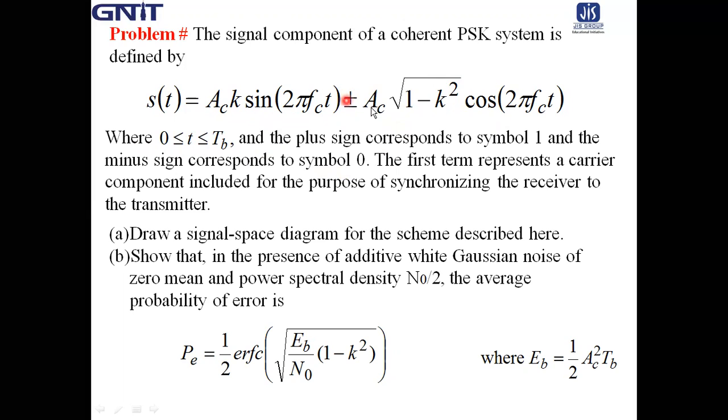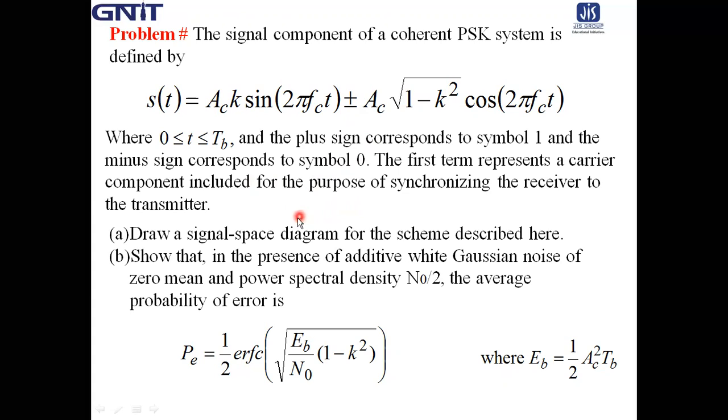The plus sign corresponds to symbol 1 and the minus sign corresponds to symbol 0. The first term represents a carrier component included for the purpose of synchronizing the receiver to the transmitter.